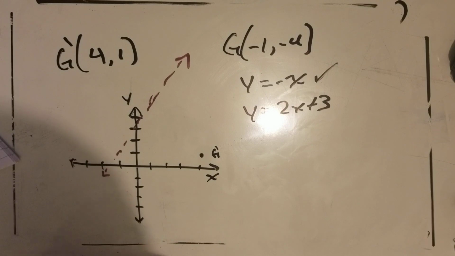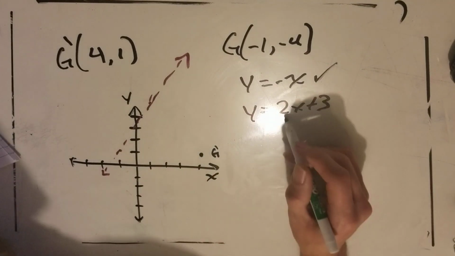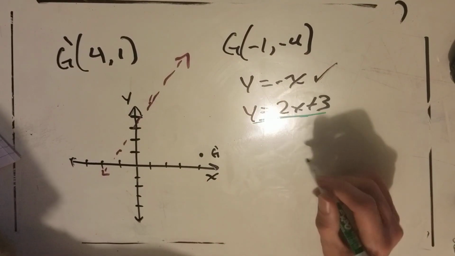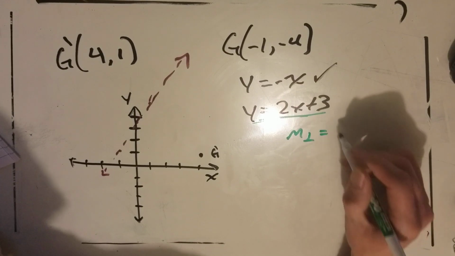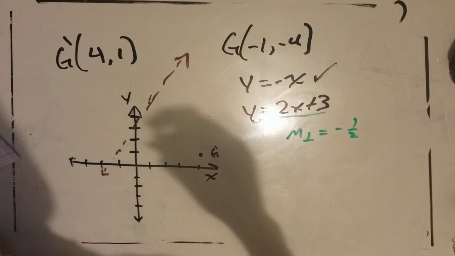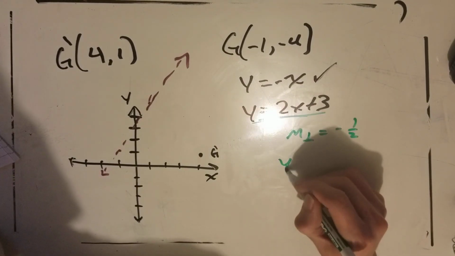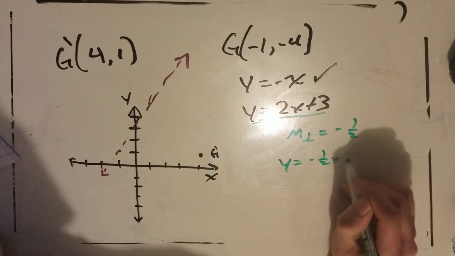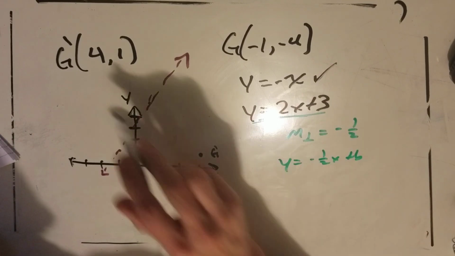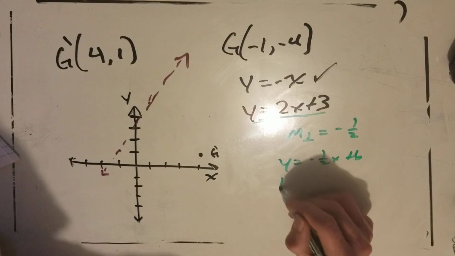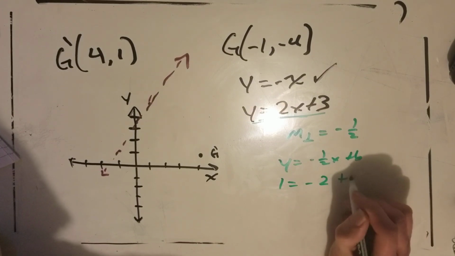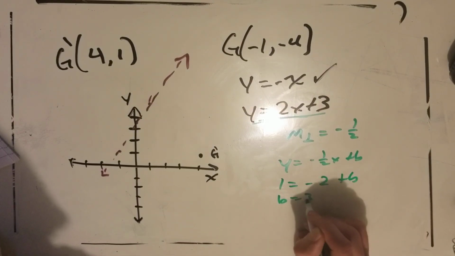For G prime, to be perpendicular to our line of reflection, our perpendicular slope is -1/2. So we're going to end up with y is equal to -1/2 x plus b. We know G prime's coordinates: 1 is equal to -2 plus b, so b equals 3.